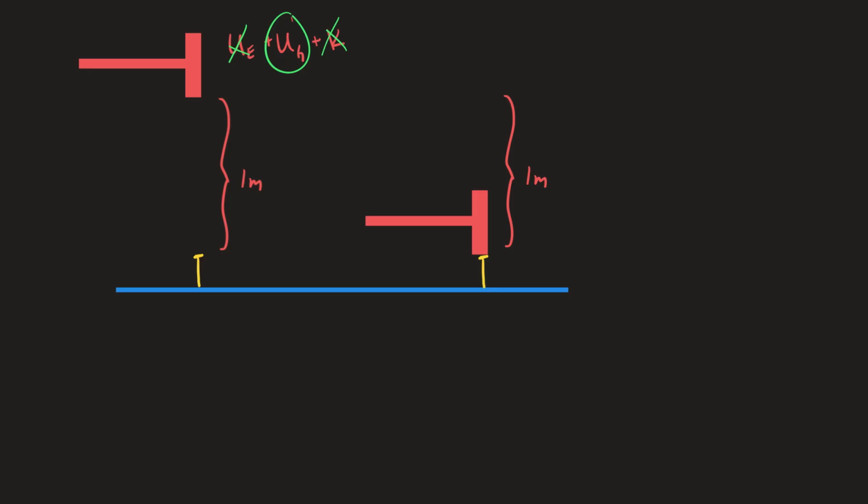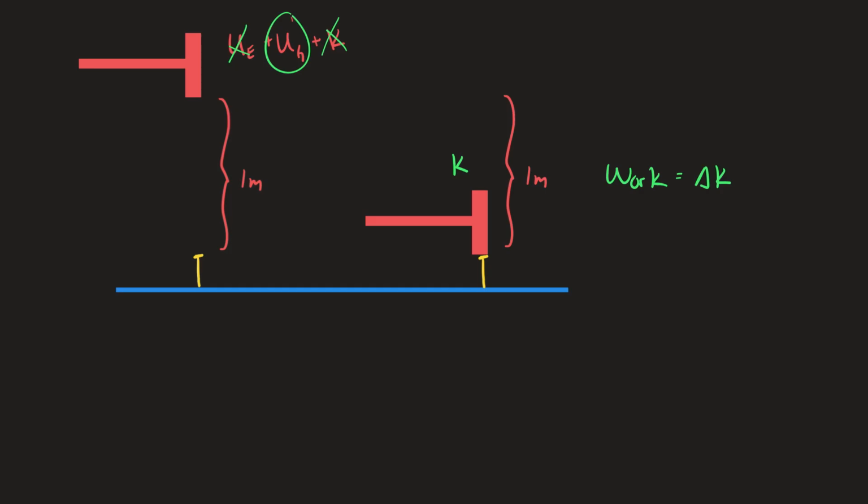It has kinetic. Now, when it hits the nail, the nail does work on the hammer, right? The nail applies an upward force on the hammer, and that upward force does work on the hammer, taking away the hammer's kinetic energy. Would you agree?